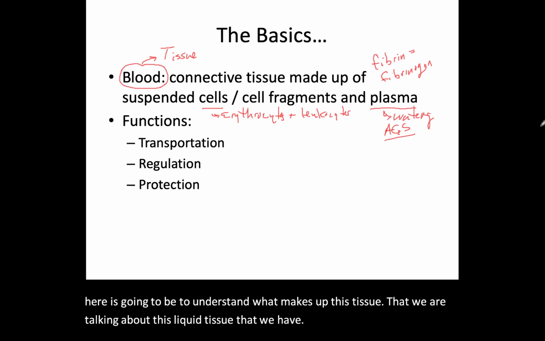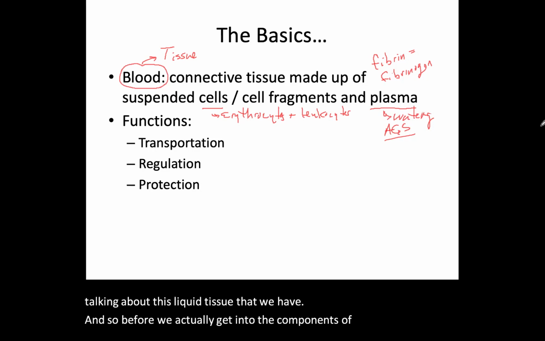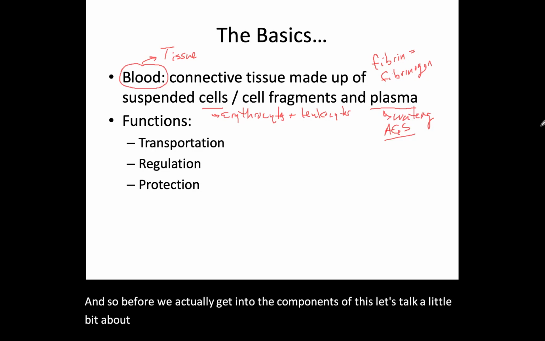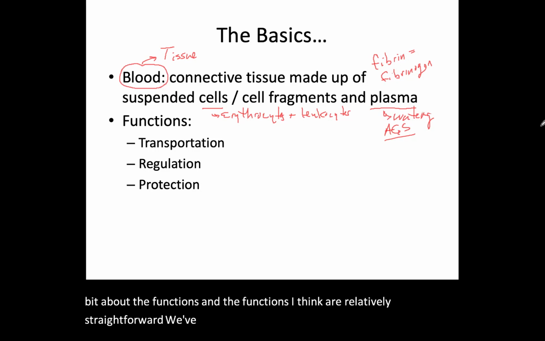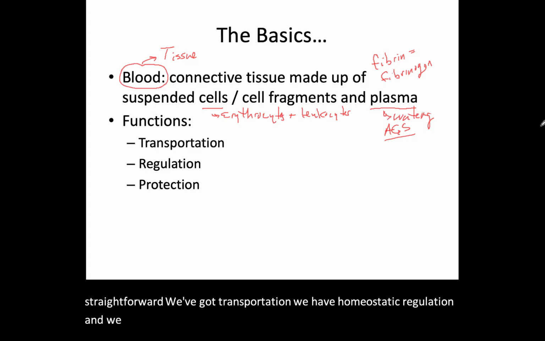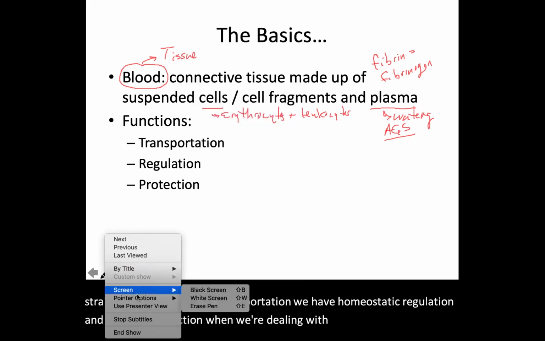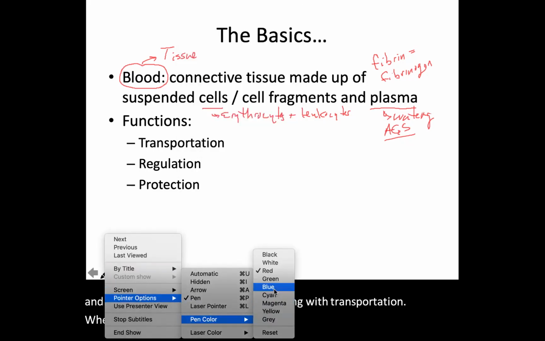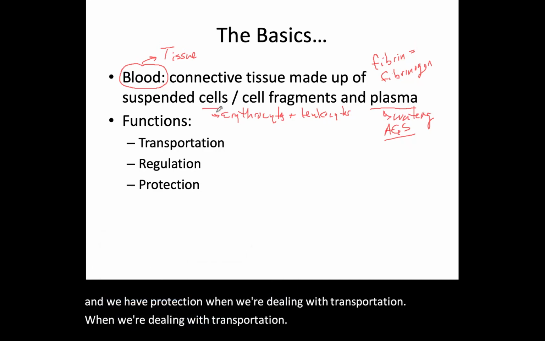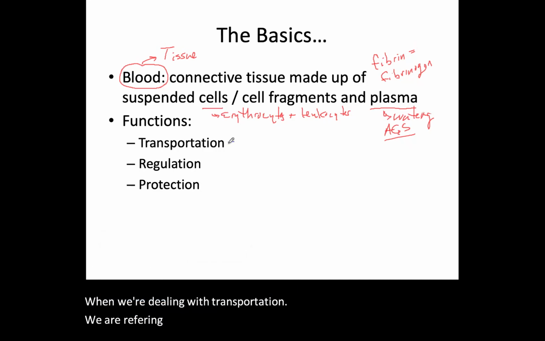And so before we actually get into the components of this, let's talk a little bit about the functions. And the functions, I think, are relatively straightforward. We've got transportation. We have homeostatic regulation. And we have protection. When we're dealing with transportation, we are referring to the transportation of things like oxygen.